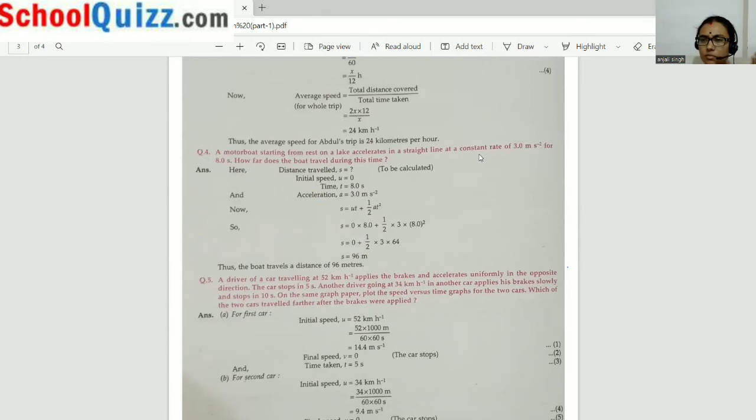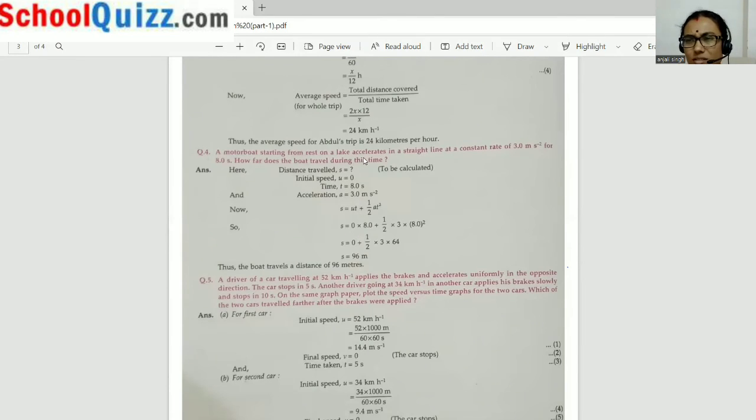If you are not able to identify whether it is acceleration or something else, please identify it by the unit. Here meter per second square is written, and per second square is the sign of acceleration. So initial velocity is 0, time is 8 seconds, acceleration is 3.